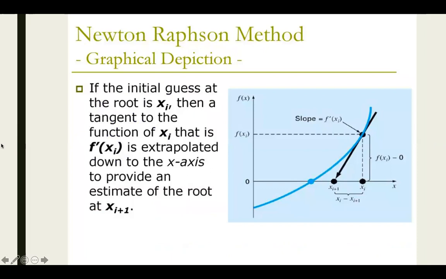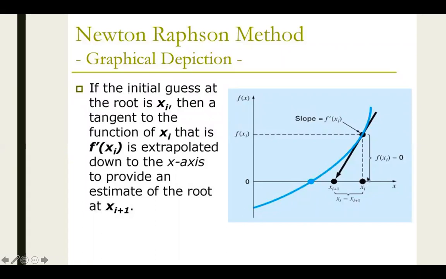Now, graphically, let us see how we approach the solution, or the root of the equation. Let us say this blue line is the function f of x, and we have taken an initial guess here, that is xi.